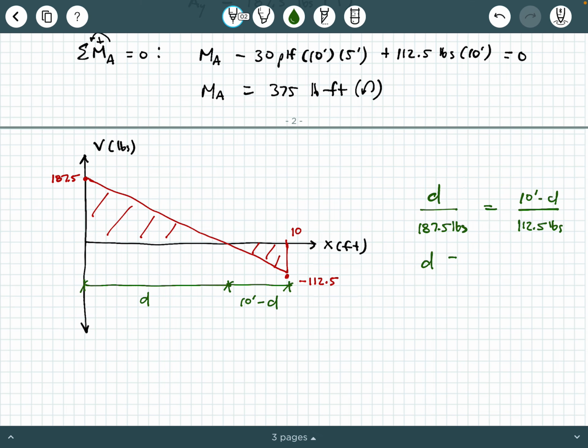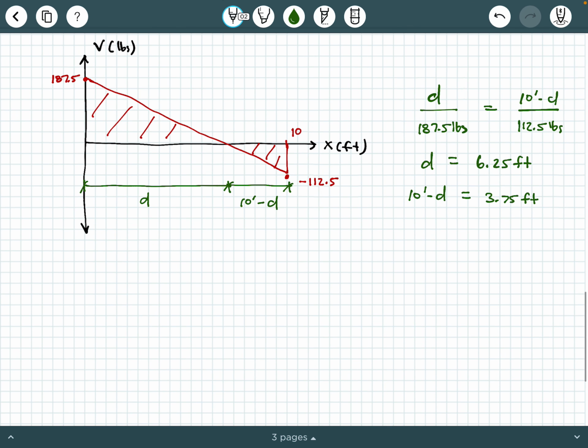And doing some rearranging, we can solve for D as 6.25 feet, and we'll get 10 feet minus D is 3.75 feet.